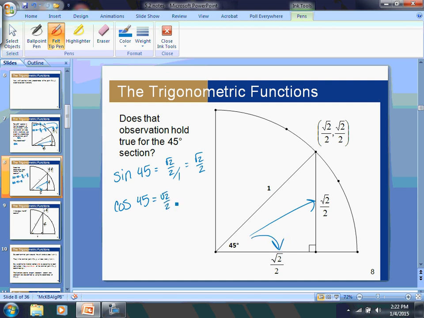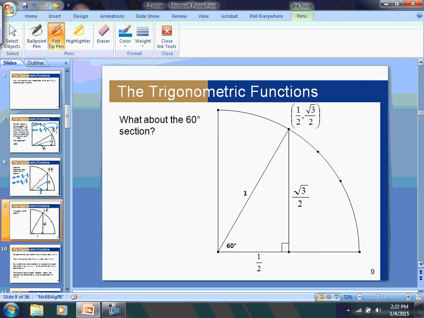Well, those sides are still the same, the opposite and the hypotenuse and adjacent. So I do get square root 2 over 2. Okay, but again, since my x and y values are the same, it's hard to know which square root 2 over 2 I'm getting. So that observation might hold true for the 45-degree section.